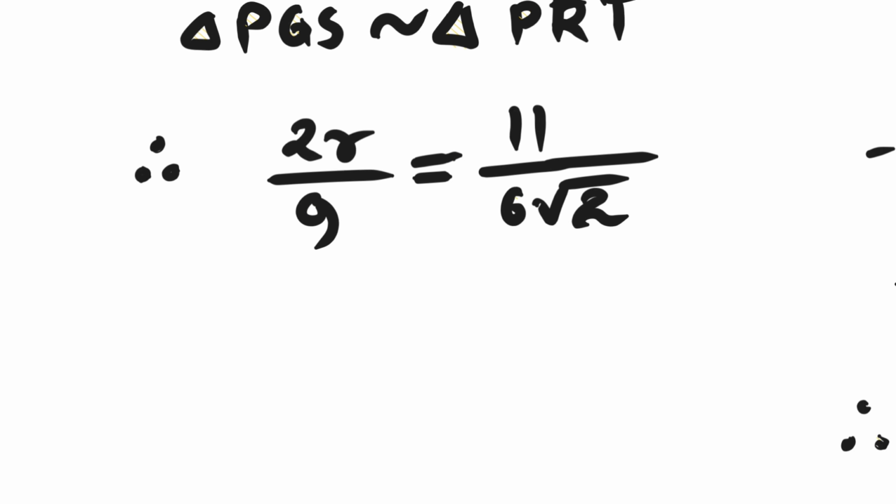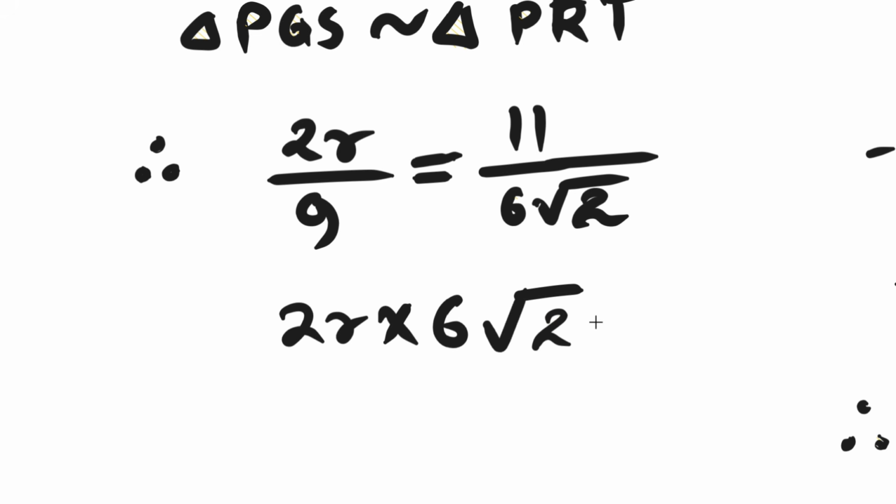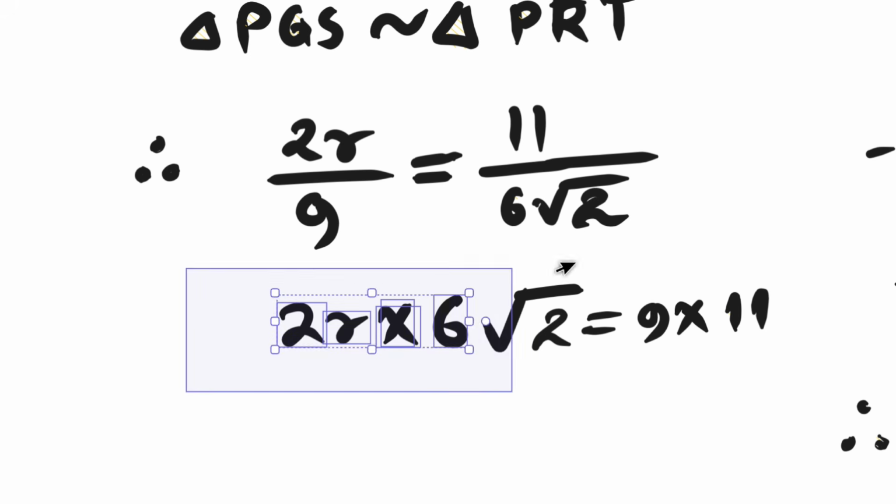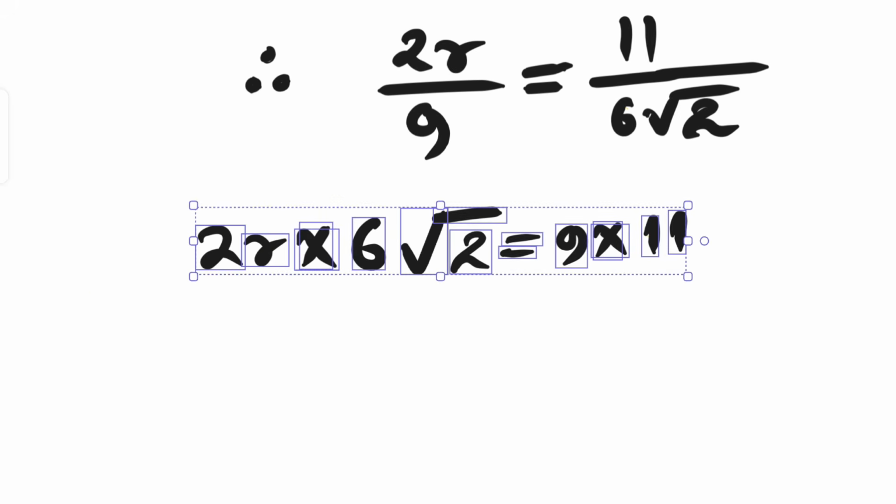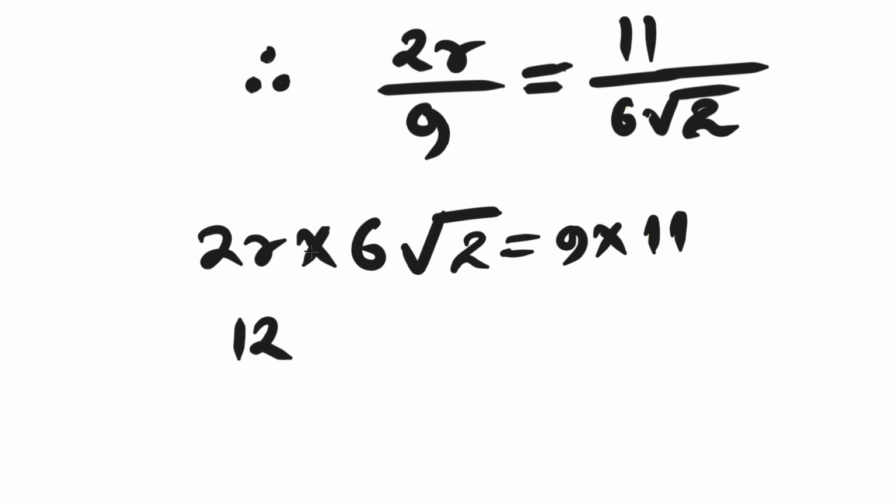Now let's solve this equation carefully. Cross multiply, which gives us 2r multiplied by 6 square root of 2 equals 9 multiplied by 11. On the left, 2 multiplied by 6 gives 12. So we have 12r square root of 2 equals 99.